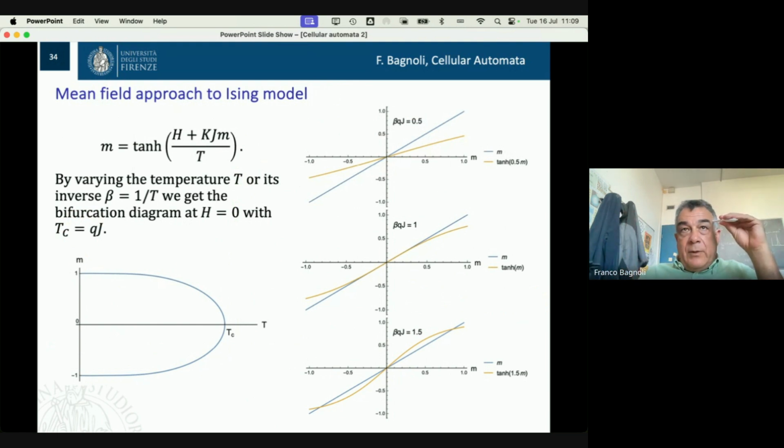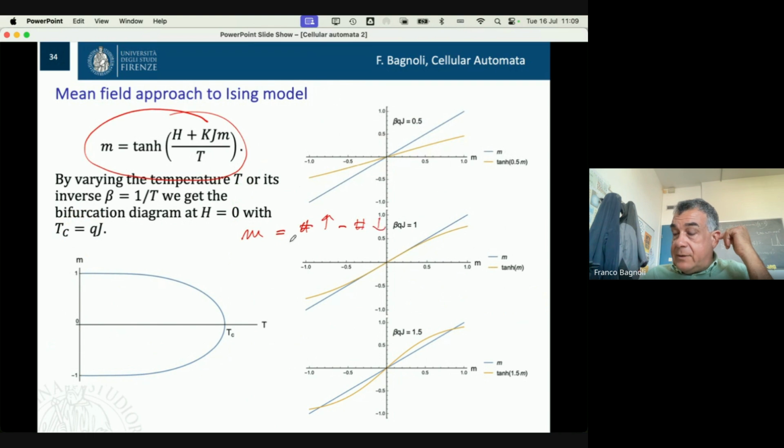And we can also formulate an approximation of a mean field. Assuming that the system is homogeneous, then if I have a certain probability m, which is the magnetization, so this is the number of plus minus the number of minus divided by the total number of sites.